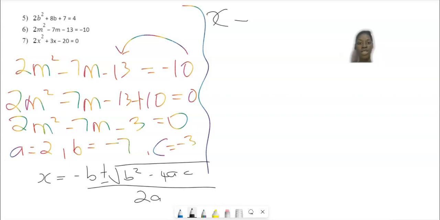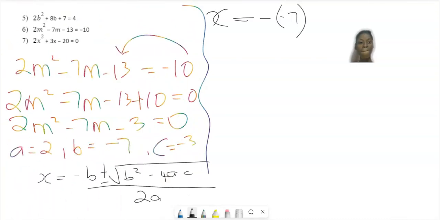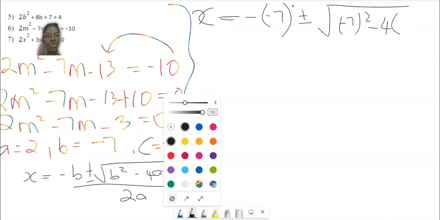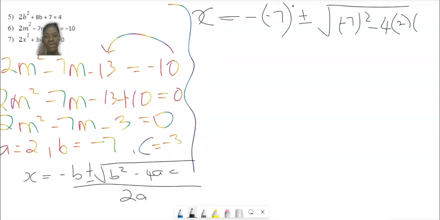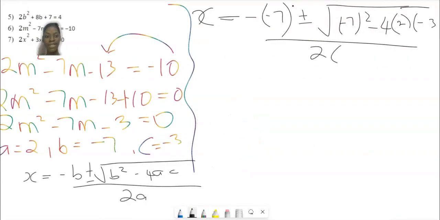So x is equal to negative b, so that's negative, and b is negative 7, so we can put that in bracket, plus or minus the square root of b squared, so that's negative 7 squared, minus 4 times a, which is 2, times c, which is negative 3, all divided by 2a, which is 2 times 2.